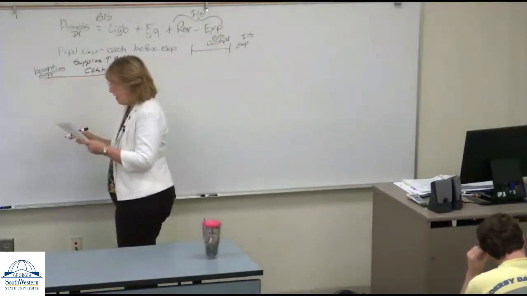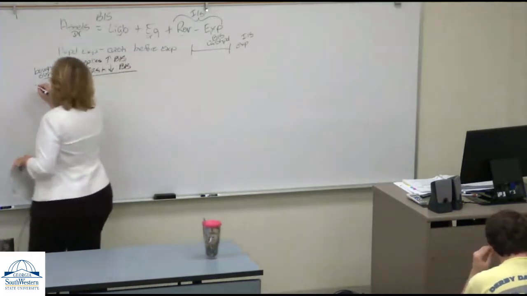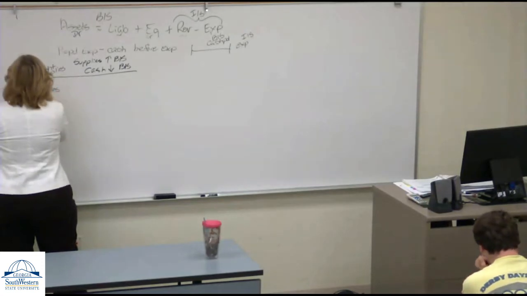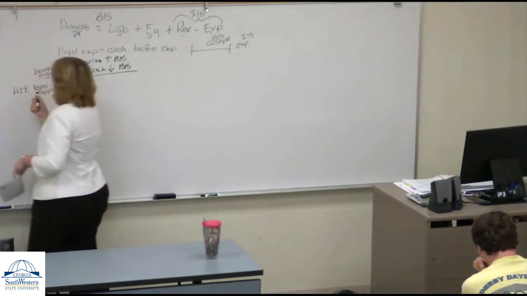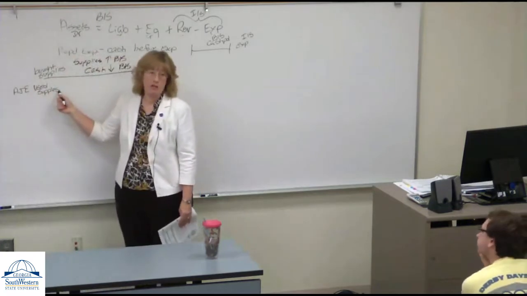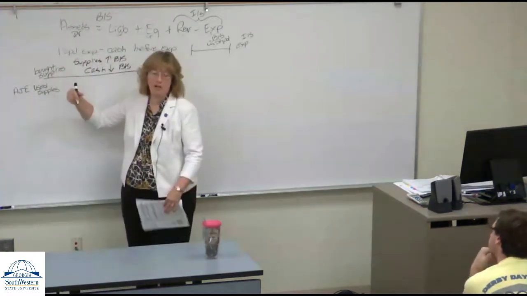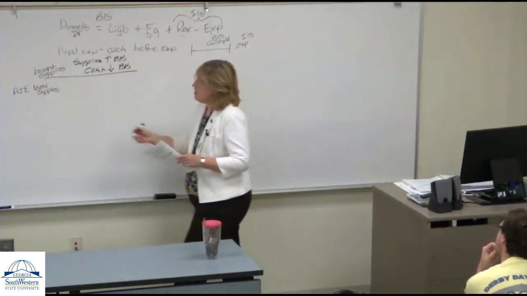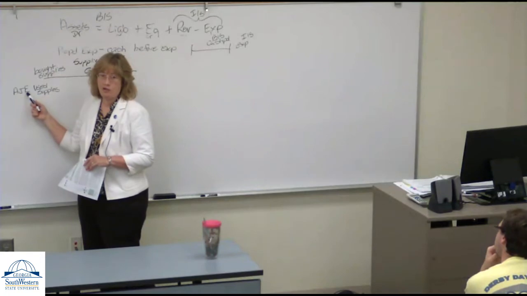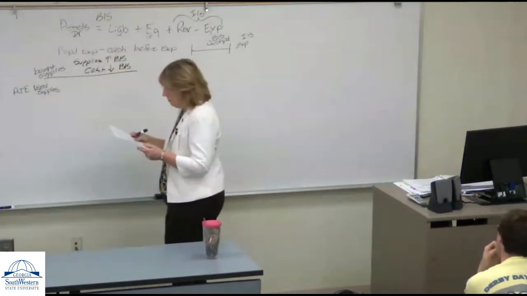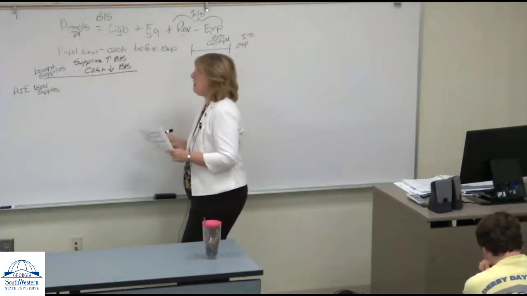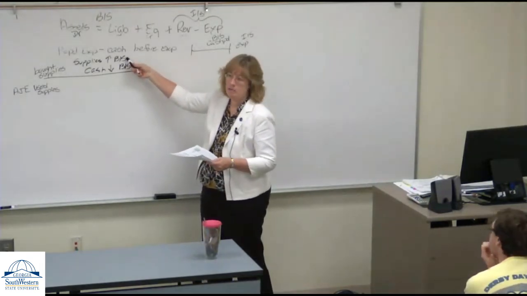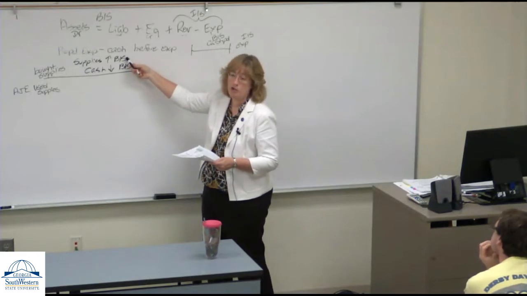And then what happened when we used the supplies? This is our adjusting entry. This is our adjusting entry when we used the supplies. This initial entry was just our plain vanilla entry, right? Okay, so this AJE stands for adjusting journal entry. Okay, so when we used the supplies, now we need to make an adjusting entry because we need to adjust the supplies account right here for what was used.